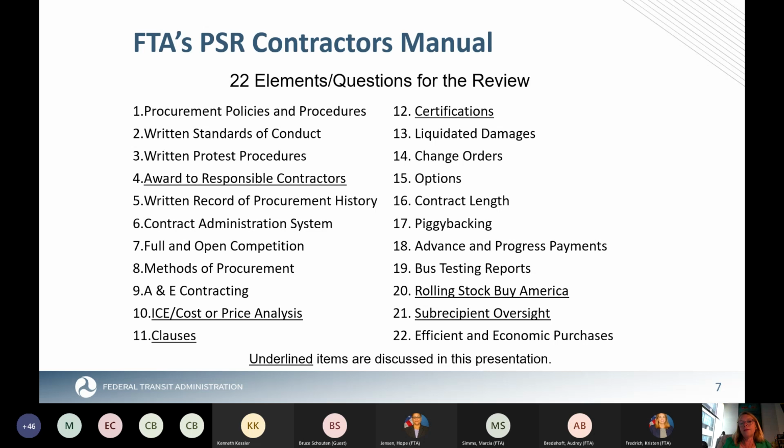We always recommend that you don't wait until it's time for your QuarTAP review or your procurement system review to familiarize yourself with what might be asked during those reviews. And a great way to do that is to maintain currency on the contractor's manuals that we gave you links for. Even if you don't have a triennial review coming up, it's a great self-assessment tool for one area or for other areas.